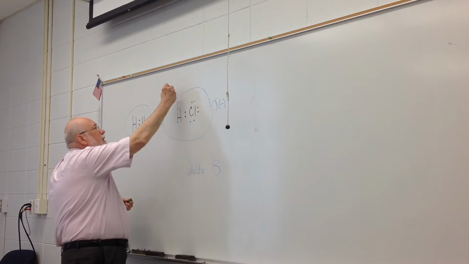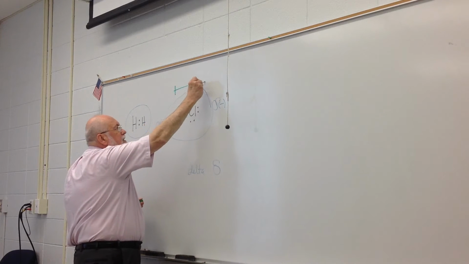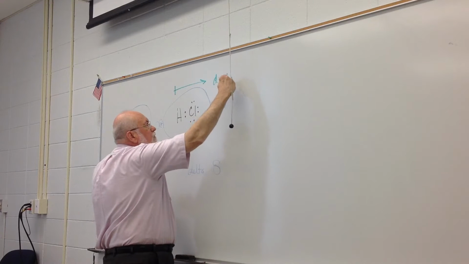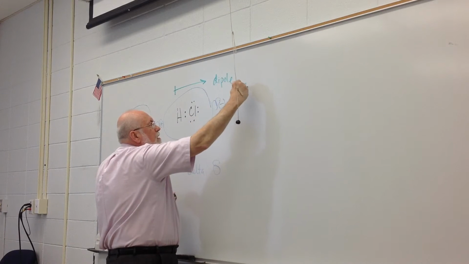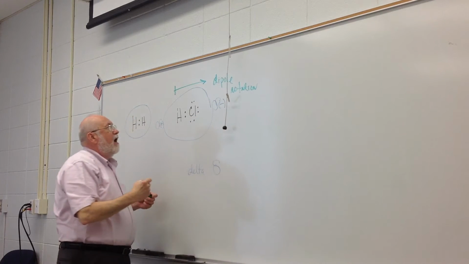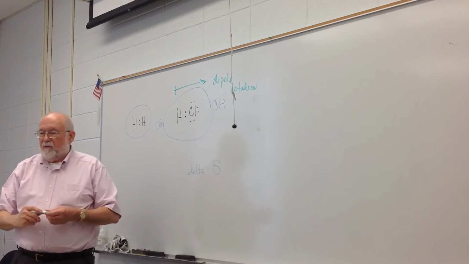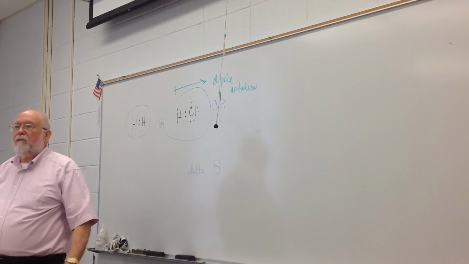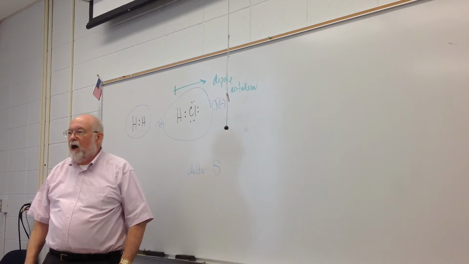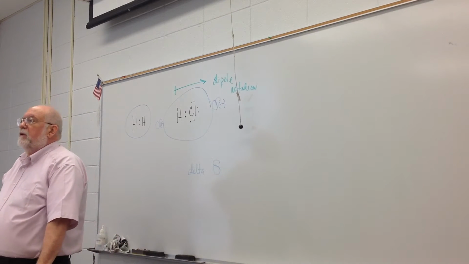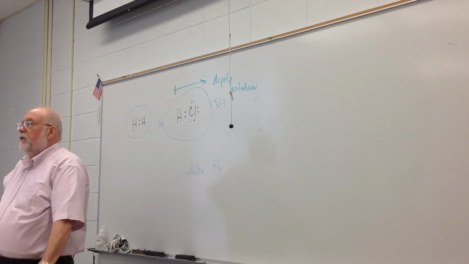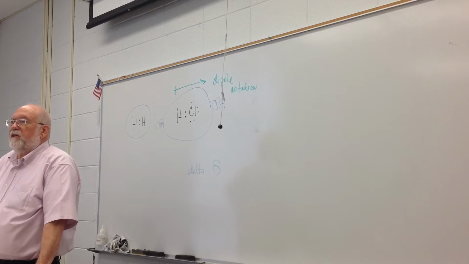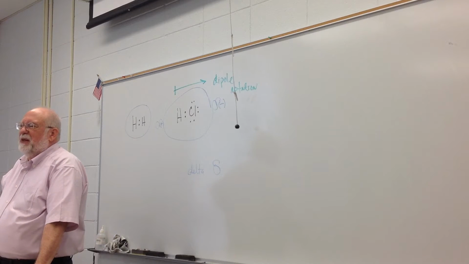Now, there's another way to show that, and this is what's called a dipole notation. All right, and how is it set up there? And we use these for the bonds. We use these dipole notations for polar bonds. Where does the arrow point? Who's it pointing toward? Well, what about the chlorine and its electronegativity?